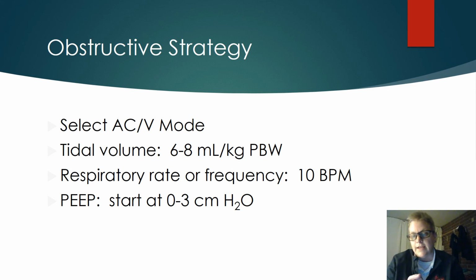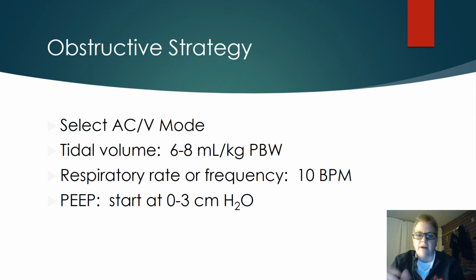So we're going to select again AC volume mode. Tidal volume is going to be 6 to 8 milliliters per kilogram of predicted body weight. And our respiratory rate, let's start at 10. This gives them that full 4 seconds to exhale. And some asthma and COPD patients don't need high PEEP.